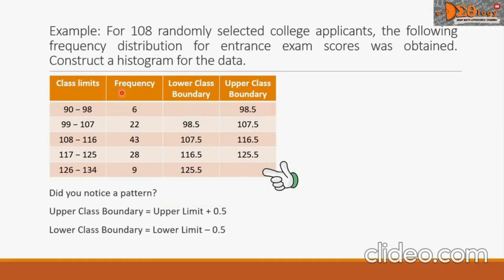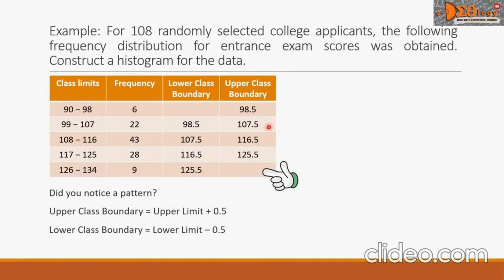We can see that the upper limit is 98 and this is 98.5. It's like the 98 plus 0.5 will give the upper class boundary, which is 98.5. The same is for 107.5, that is 107 plus 0.5, we will get this value.